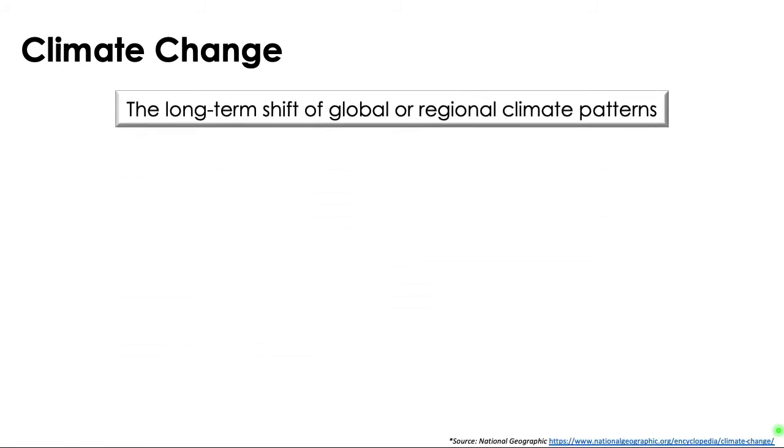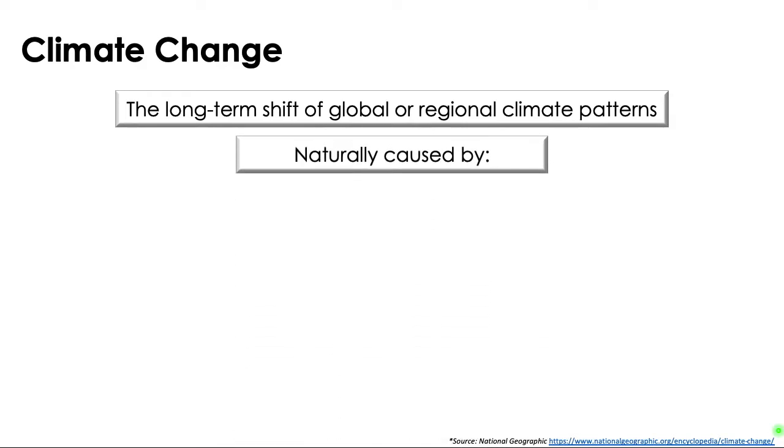So climate change is the long-term shift of global or regional climate patterns in terms of temperature and moisture. And when we're talking about regional, we're talking about local areas. So global or very localized areas in terms of their climate patterns. And this is naturally caused by a few things. The first thing is called the Milankovitch cycle.